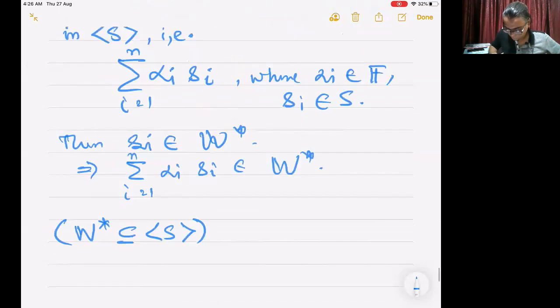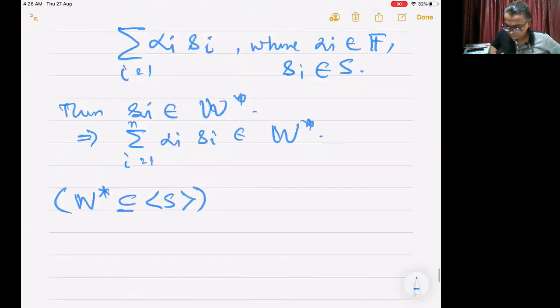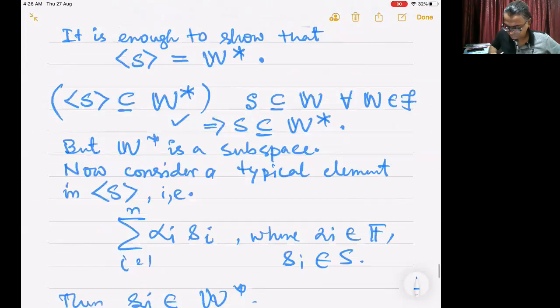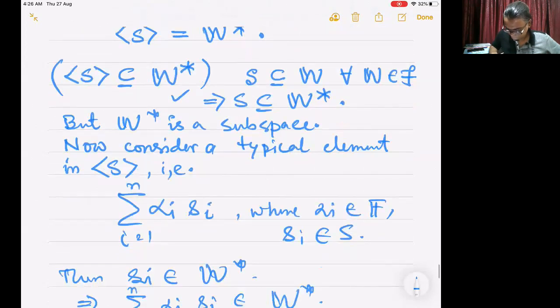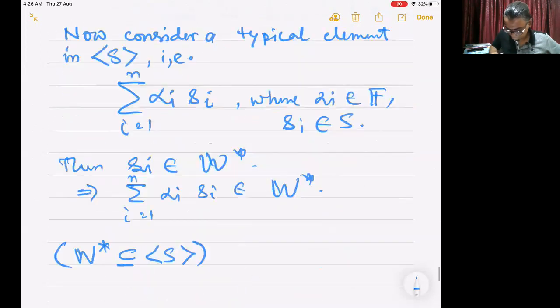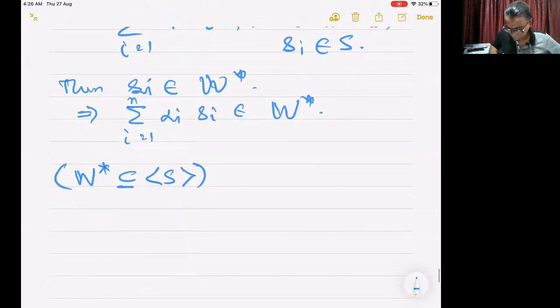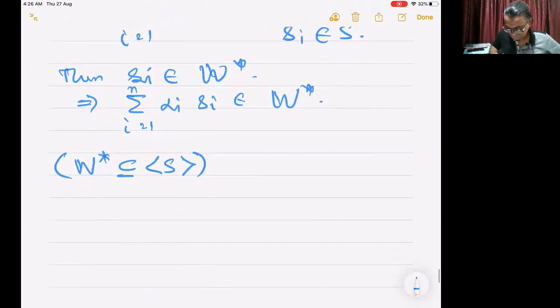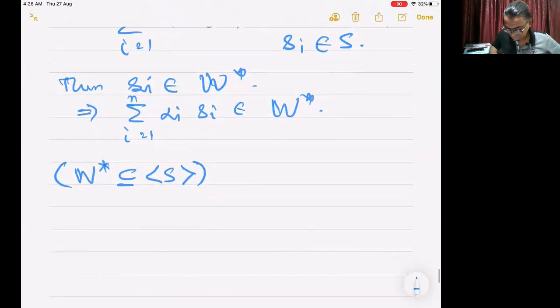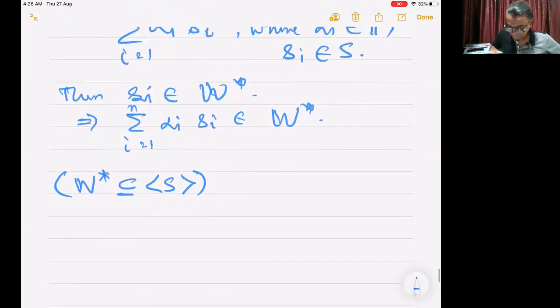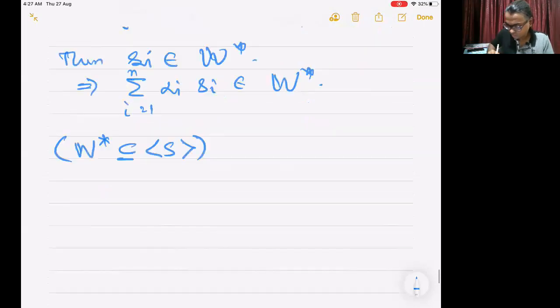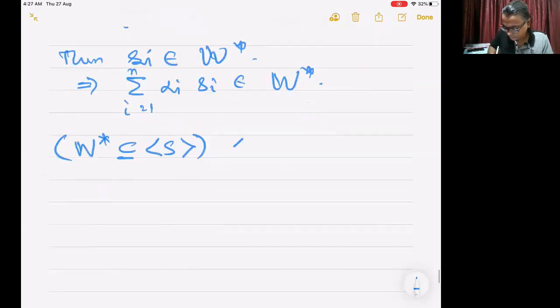W star is the intersection, right? Yeah. So span of S is a subspace.